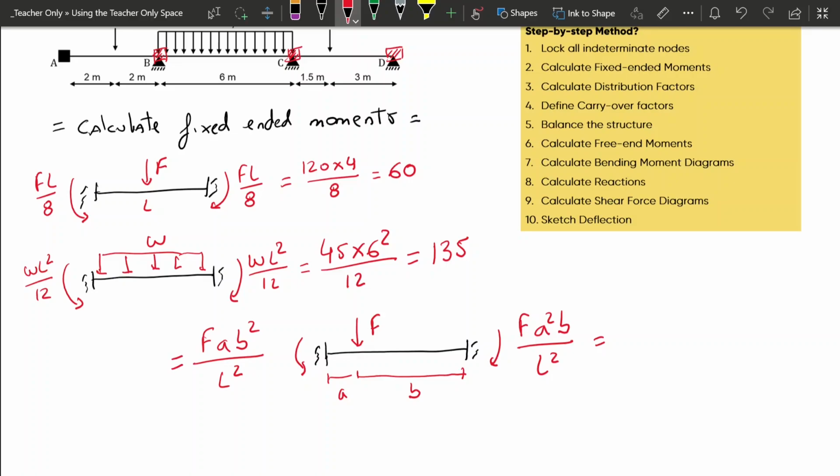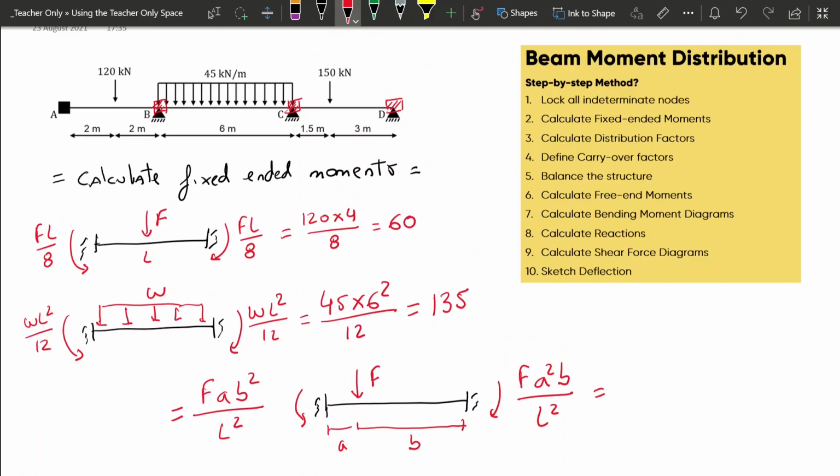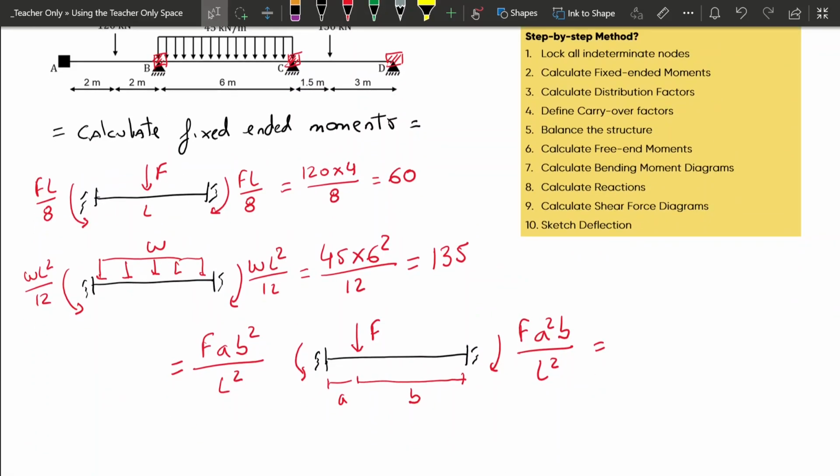If we substitute, with a being 1.5, b being 3, and L being 4.5, we get the final answers: here is 100, and in this one is 50, which makes sense because b is larger, so 100 has to be larger.